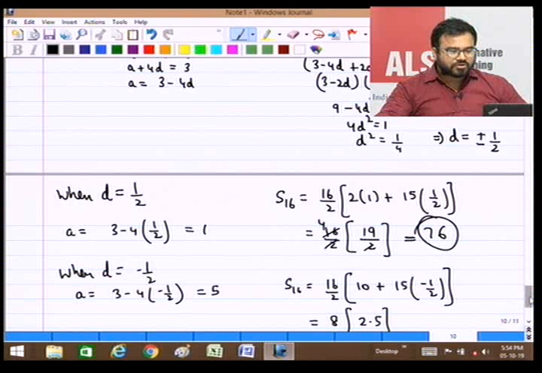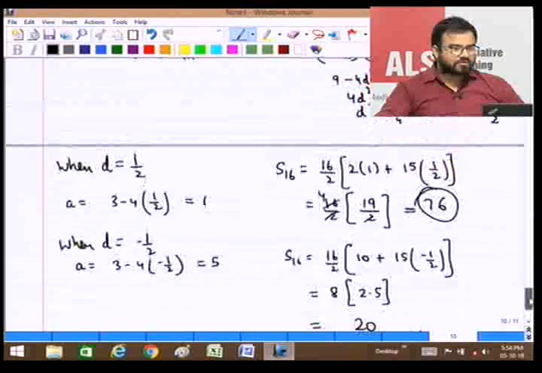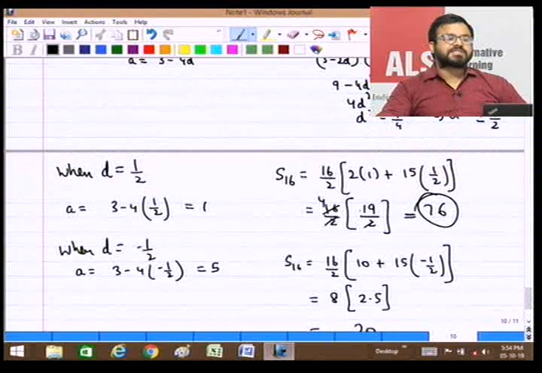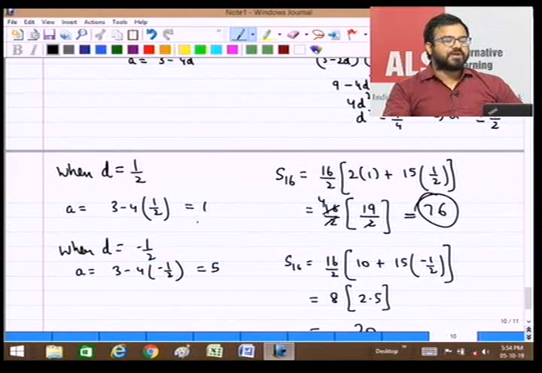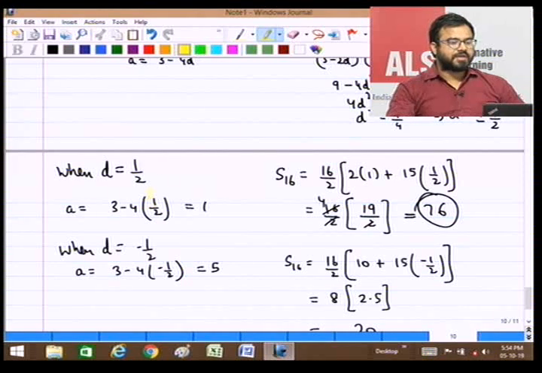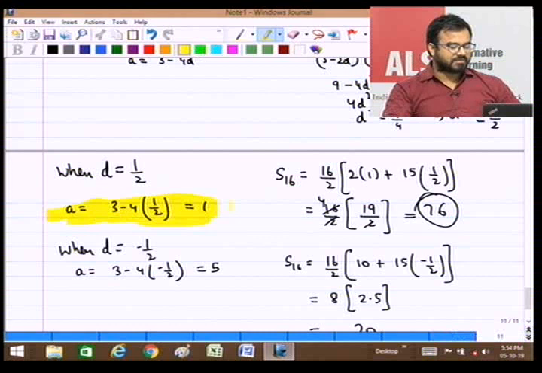When D is equal to plus 1 by 2, sum of 16 terms: 16 by 2, A is equal to 1 we are getting. In that case, A is equal to 1 when D is equal to plus 1 by 2.